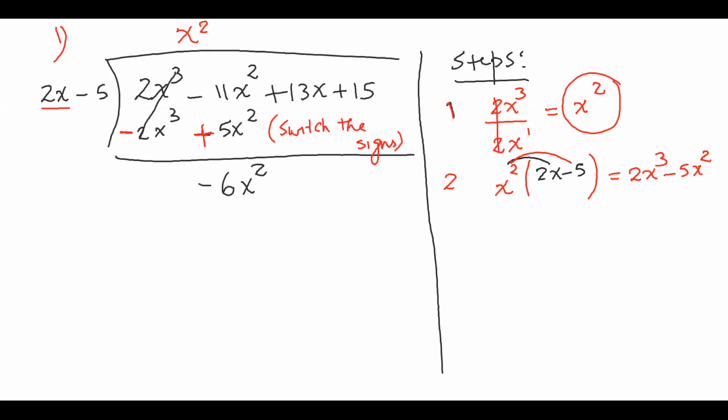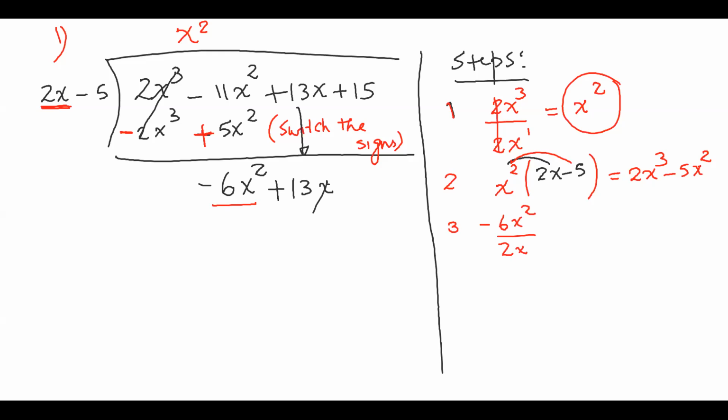And then we are going to bring the next term, just like the long division I showed you before. It's exactly the same steps. Now what happens again? Take the first term, which is negative 6x squared. Just like step number 1, we are going to repeat step number 1 and divide that by this 2x, the first term in the divisor.